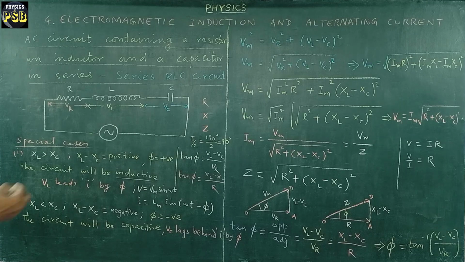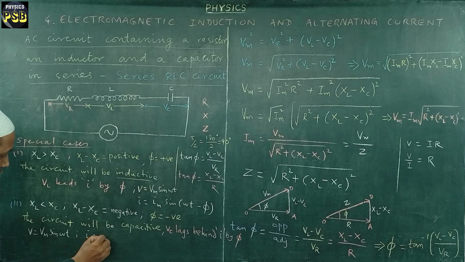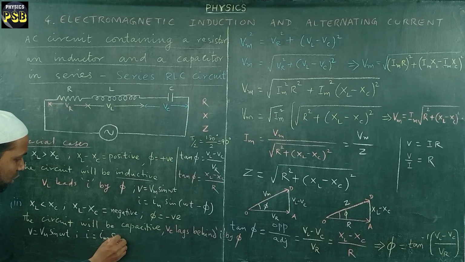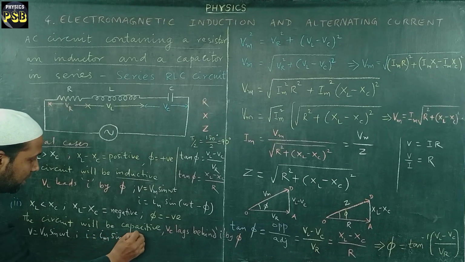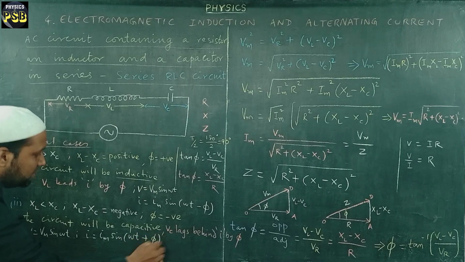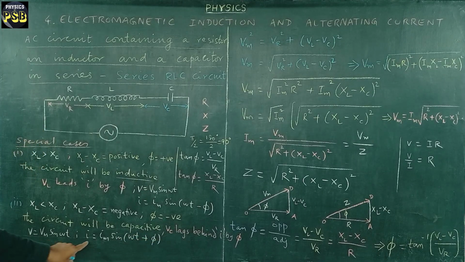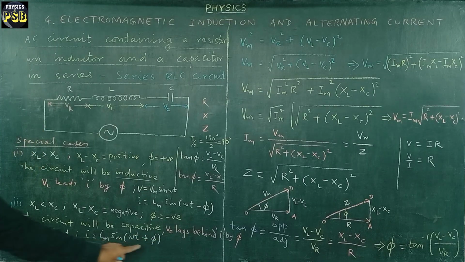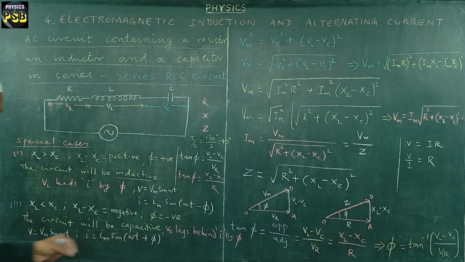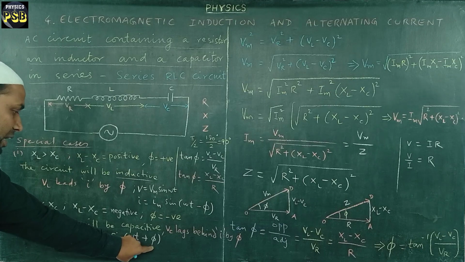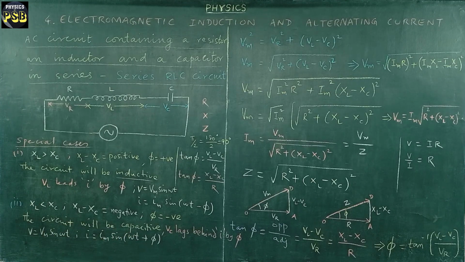And notice the value of voltage and current here: V will be equal to Vm sin omega t, and I will be equal to Im sin of omega t plus phi. This clearly shows that current leads voltage by angle phi, or voltage lags behind current by an angle phi. This is what it means.